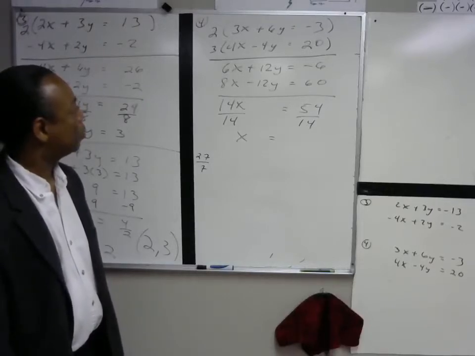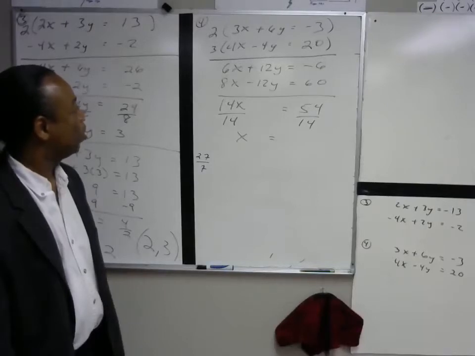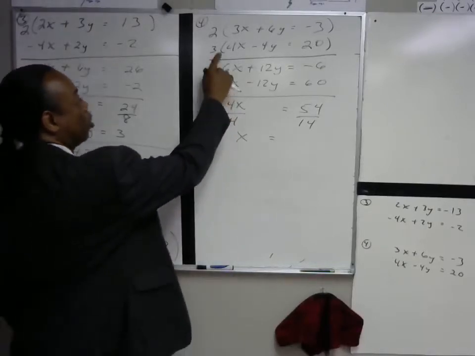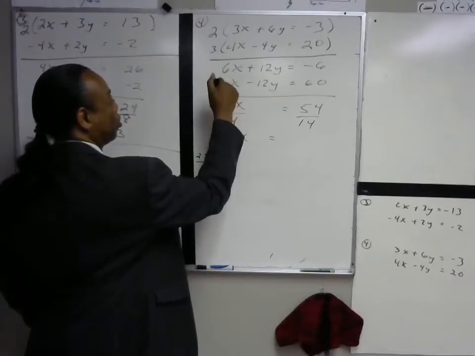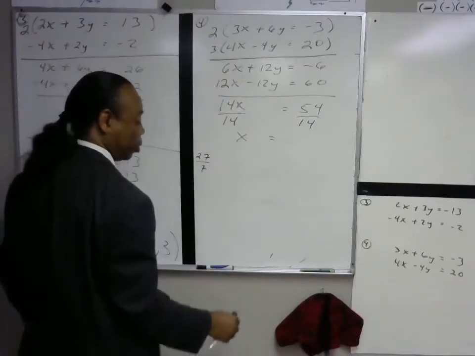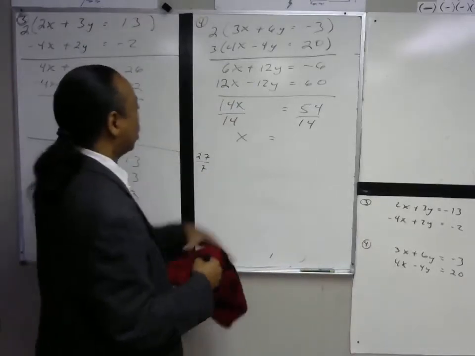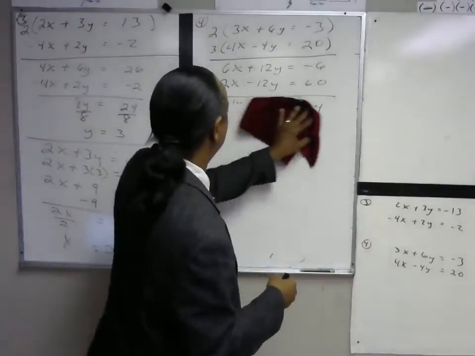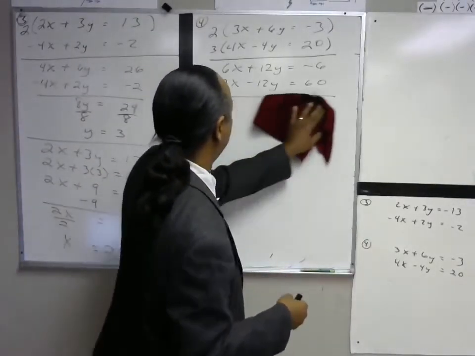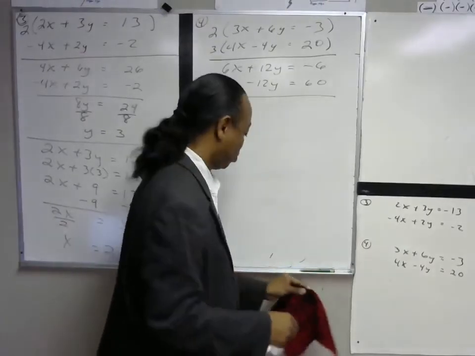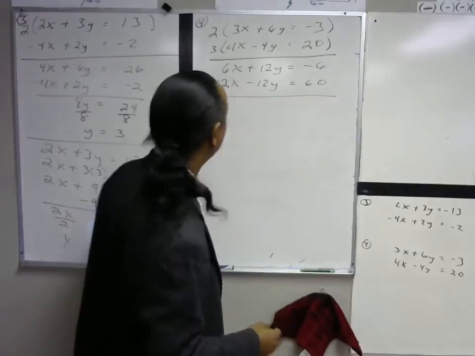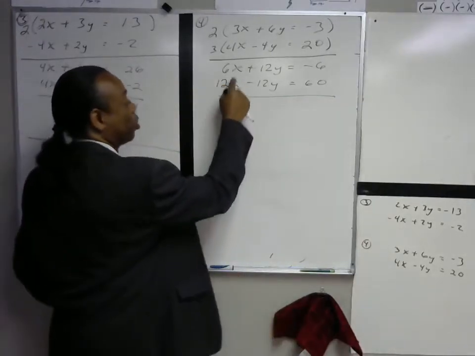Let's see here. Oh, I see what I did. Times 4 should be 12. Okay, 12 there. And let's take away this line here. All right, so we'll combine these two.